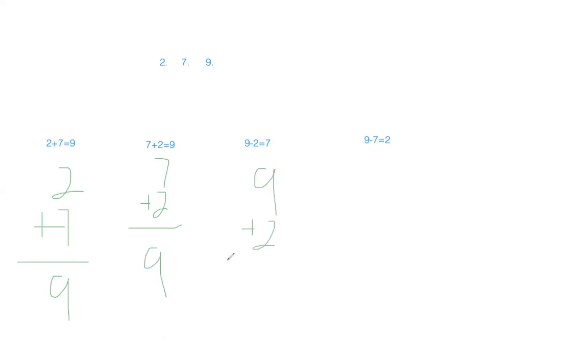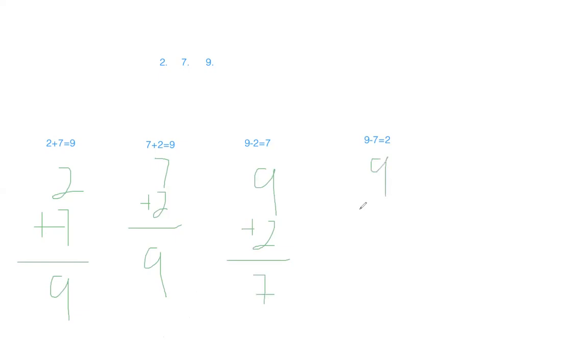Let's write these fact family number sentences as vertical problems. 2 plus 7 equals 9. 7 plus 2 equals 9. 9 minus 2 equals 7.